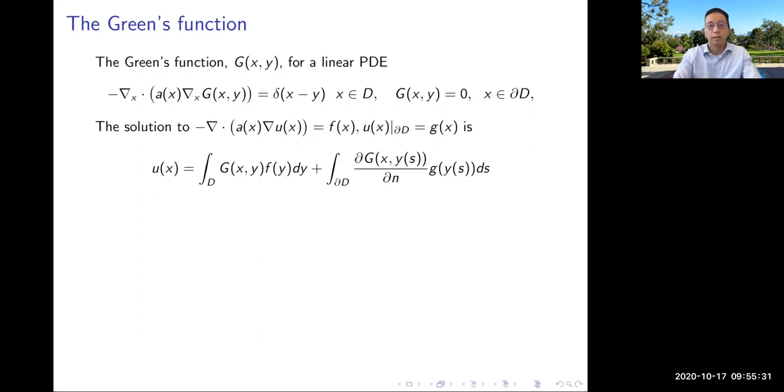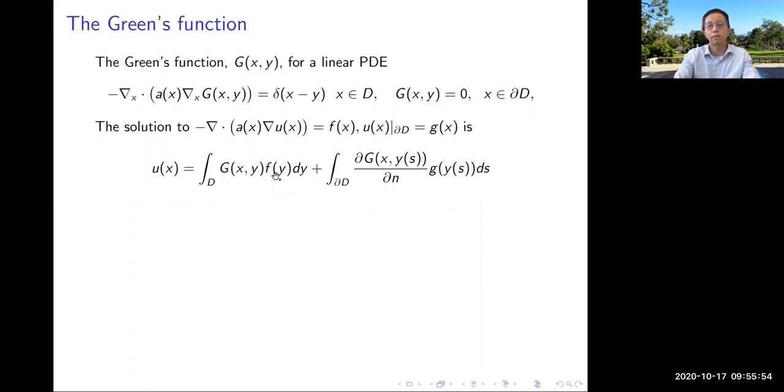From maybe a first year graduate PDE course, you know U can be represented in this form. If you look carefully at what it says, no matter what F you give me, it's a superposition of this Green's function.